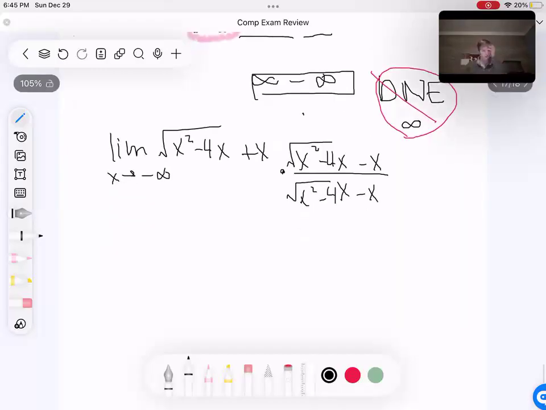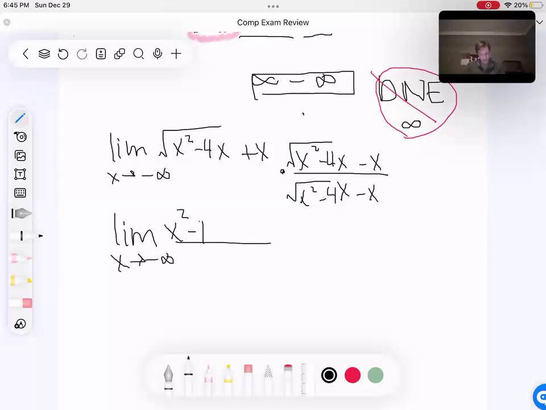And so what that will give us is the first term squared minus the second term squared, because we know how to multiply binomials. So that should just be this whole thing squared. We just eliminate the square root and we get x squared minus 4x, and then minus x squared.